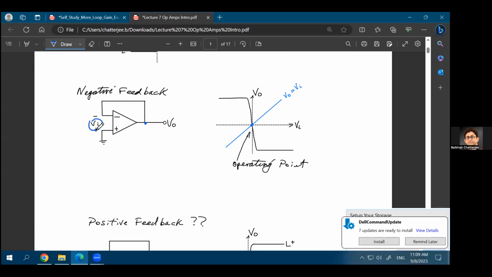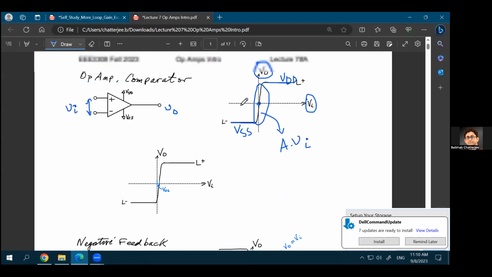That is the difference between your positive input and negative input, something that you are connecting back at the output side. So what we are drawing here are 2 plots. As you are applying a positive VI, how would your output look?